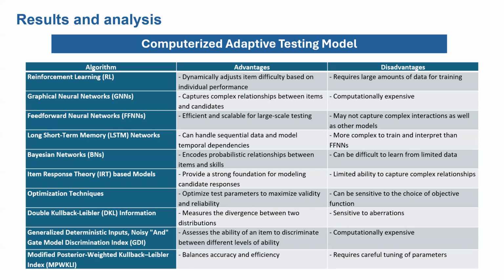Reinforcement learning and graph neural networks are powerful but require a lot of data. Feed-forward neural networks are efficient but may lack precision. Long short-term memory networks are adapted to sequential data but are more complex. Bayesian networks and IRT are good for basic relationships.